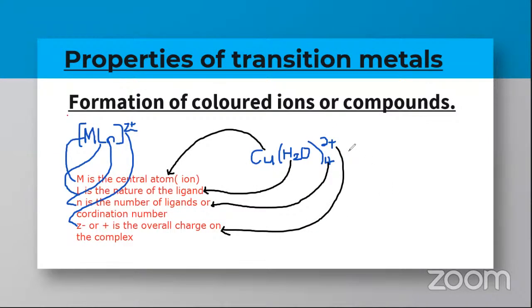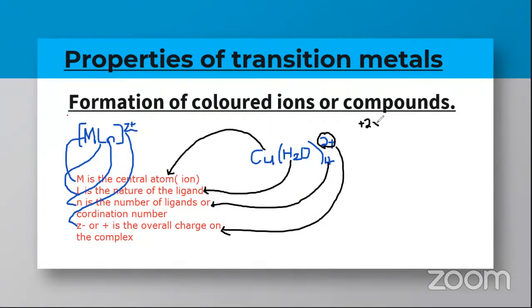And some of you might be wondering where we get the 4. Under normal circumstances, we just take the overall charge, or the oxidation state of copper. The oxidation state of copper is positive 2.